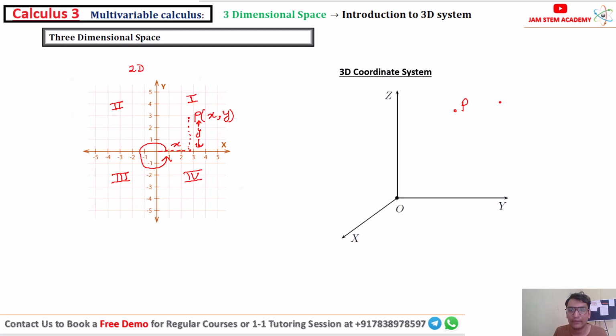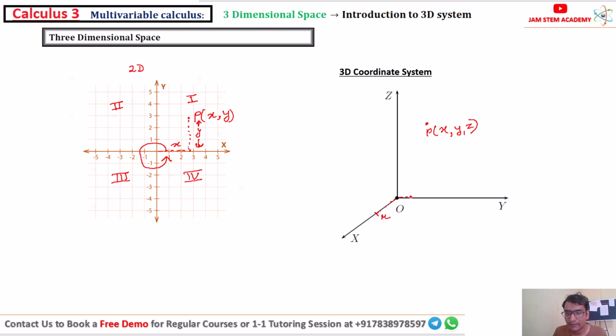So I can write it as any point over here, P, will be having x, y, and z. Okay. Now, x is again distance traveled along x direction. Okay.